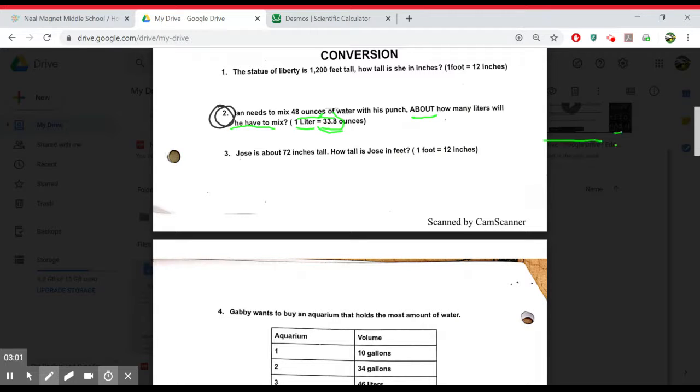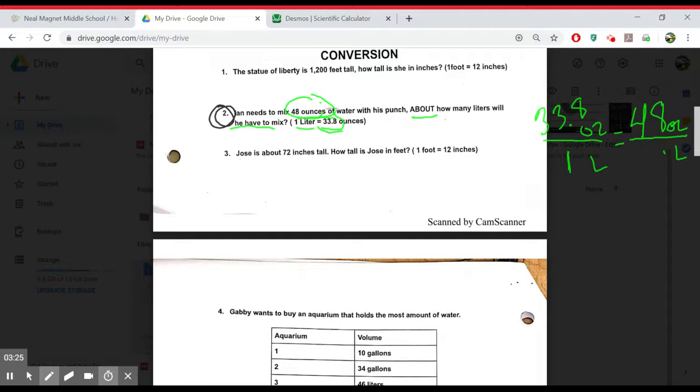So I have ounces, liters, ounces, and liters. He said 1 liter is 33.8 ounces. And then it says he's got 48 ounces.